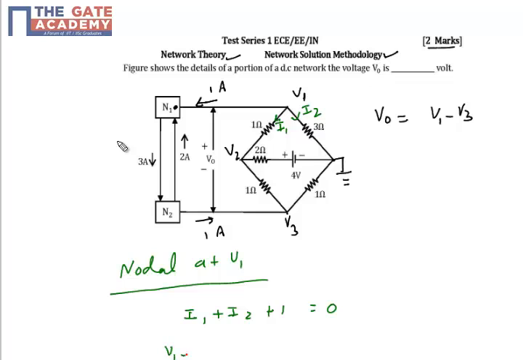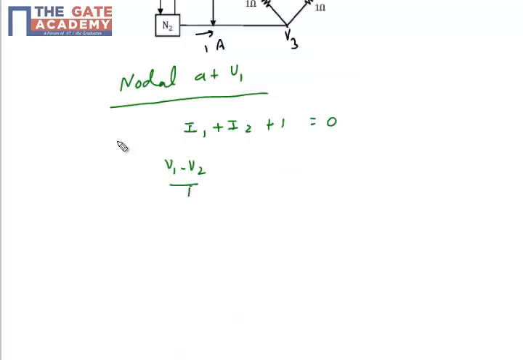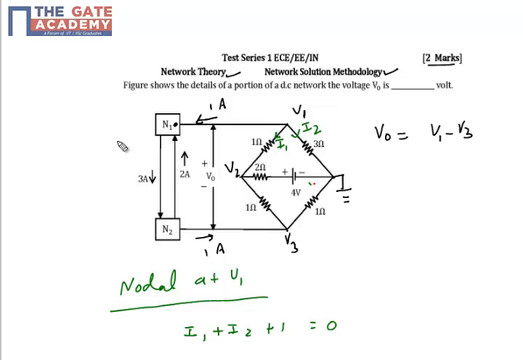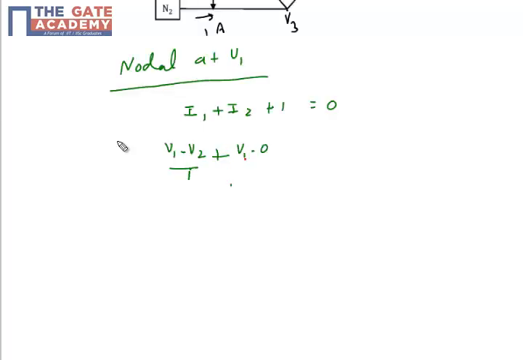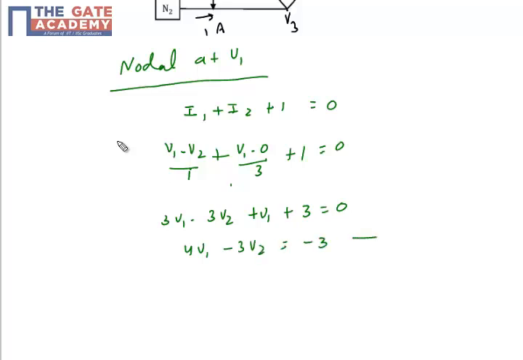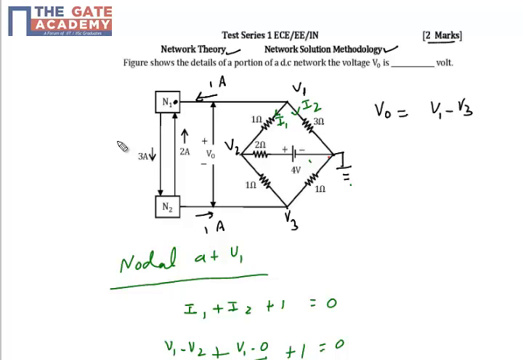I1 will be (V1 minus V2) by 1. I2 will be (V1 minus 0) by 3. So (V1 minus 0) by 3 plus 1. Let's take the LCM: 3V1 minus 3V2 plus V1 plus 3 is equal to 0. Total: 4V1 minus 3V2 is equal to minus 3. This is equation number 1.